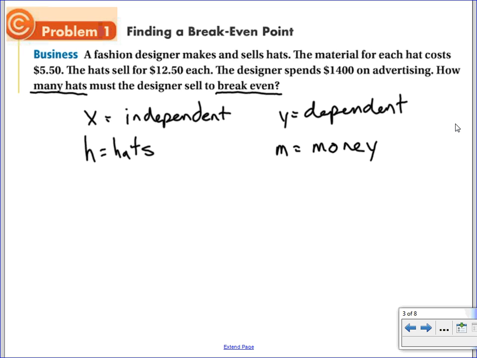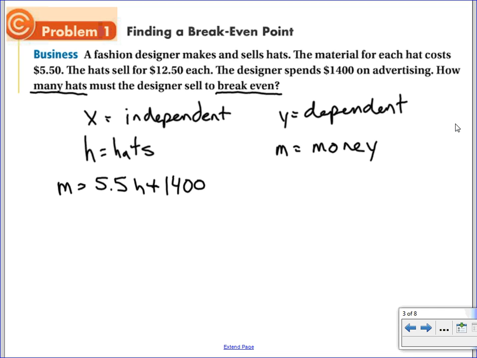And now we have to write 2 equations that work with the information we have. The first is the money that you've spent, which will equal $5.50 per hat, so M equals 5.5H, plus you spent $1,400 on advertising.